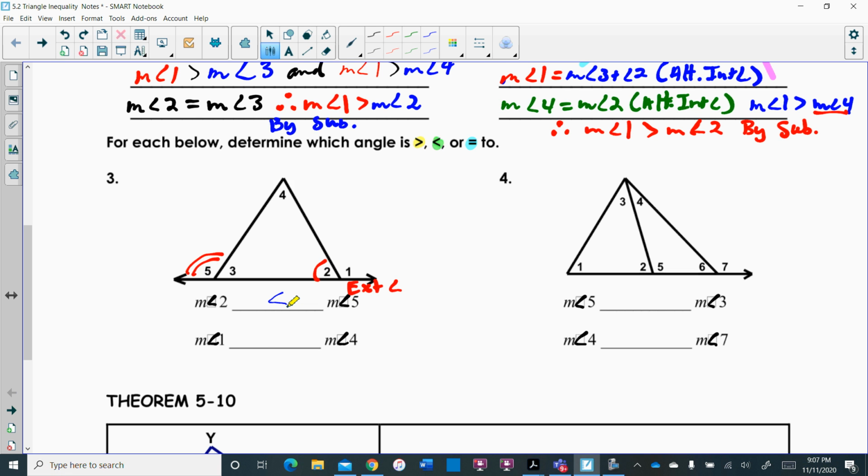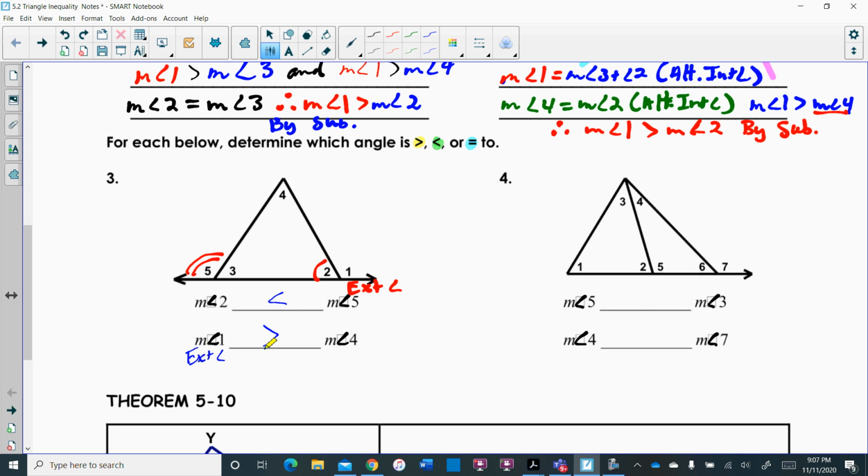Okay, let's try angle 1. Angle 1 is your exterior angle. If I compare 1 to 4, 1 is going to be greater than. If it's outside, it's bigger. It's greater than the measure of angle 4.